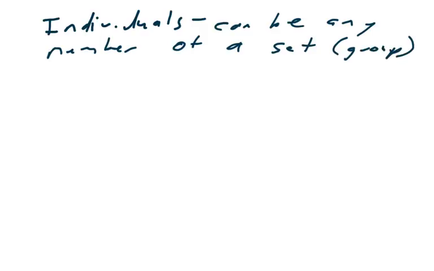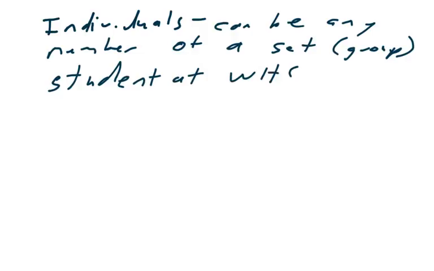So a student at WHS would be an individual. A lollipop in a bag of lollipops would be an individual. It doesn't necessarily have to be a person.